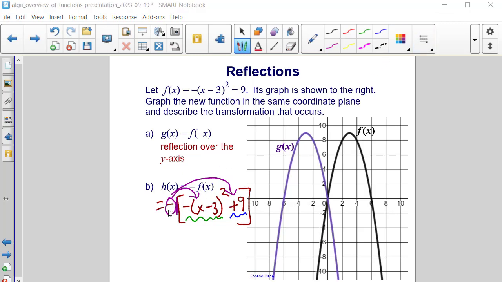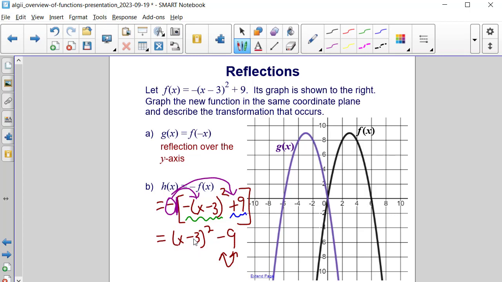So we're going to take the -1 and distribute it to both terms. And when we do so, our first term, the negative of x minus 3 squared, will become positive x minus 3 squared. And then when we multiply -1 times +9, we will get -9. So our parabola will now open upward. So it'll kind of look like this.